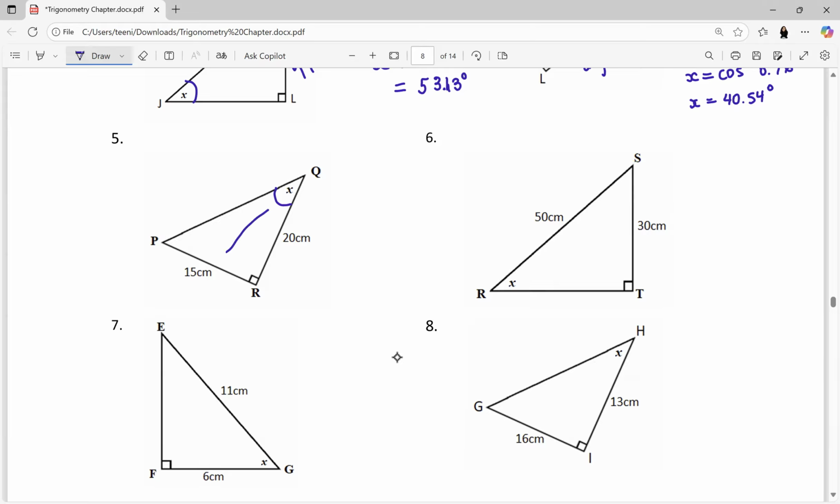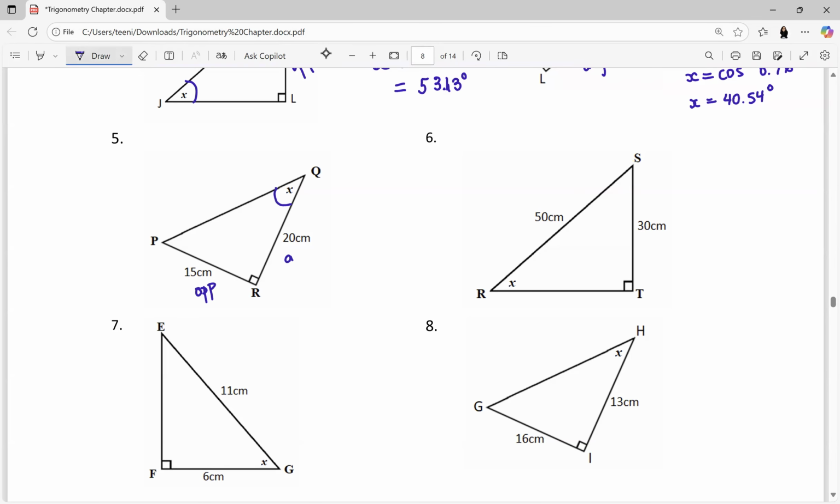Opposite, because that's opposite the angle of reference. So this side will be your opposite. And then this side with 20, which side will that be? Adjacent. That would be adjacent, correct, because of course, PQ is the hypotenuse since it's opposite the angle R, which is the right angle. So this is your adjacent.